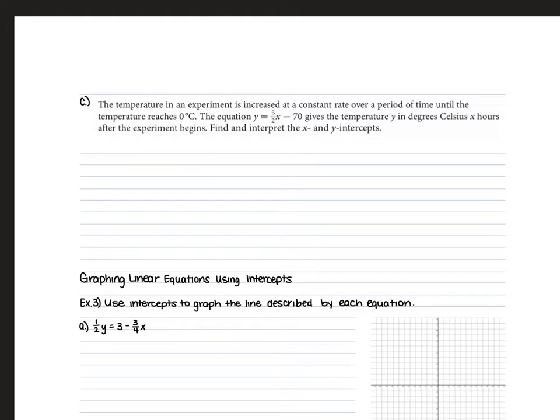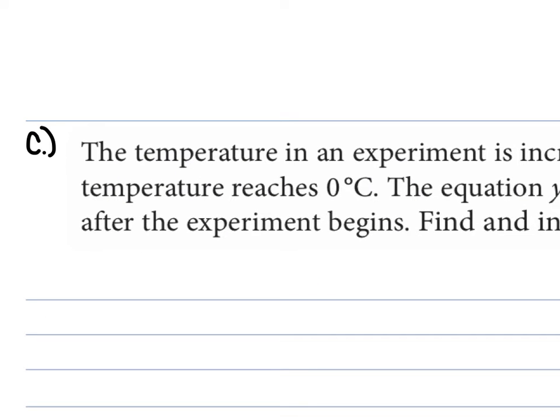Find and interpret the x and y-intercepts. So we just need to find the x and y-intercepts from here. So we're going to start with that y is equal to 5 over 2x minus 70.